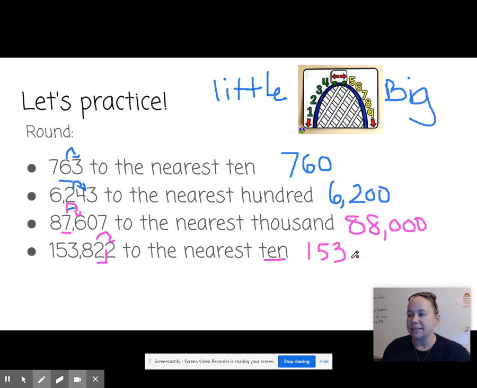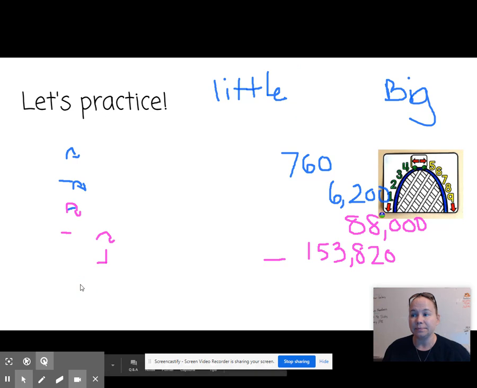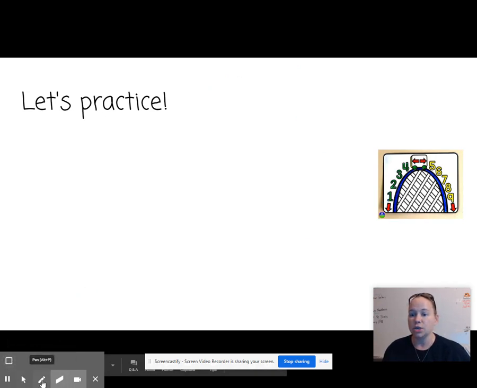Remember, when I see the comma, I say 1,000. You got it. 820. Remember, this 2 was too little to push it up, so it stays, and then everything else is a 0. 153,820. Oh, all right. Let me erase that page.